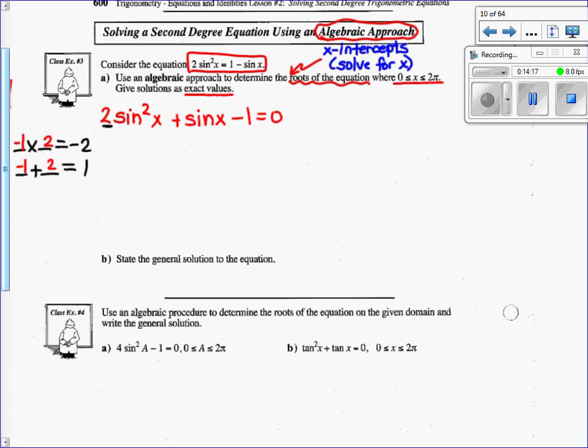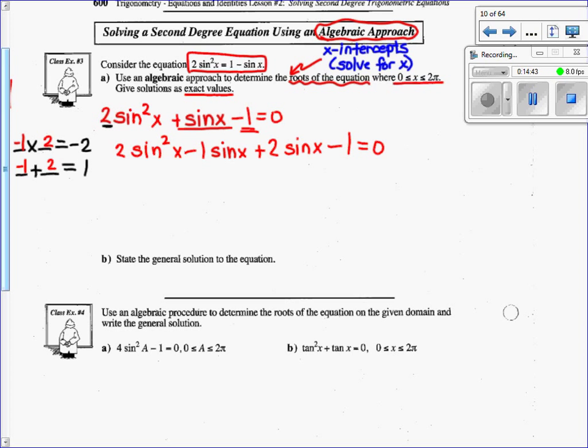Okay, so again, I'm going to rewrite my equation, 2 sine squared x, and this middle term here, I'm going to decompose now into negative 1 times sine x plus 2 times sine x, and then I still have this negative 1 at the end, minus 1 equals 0.